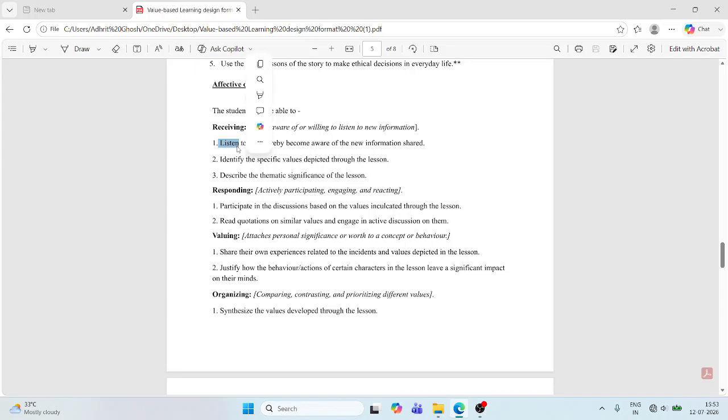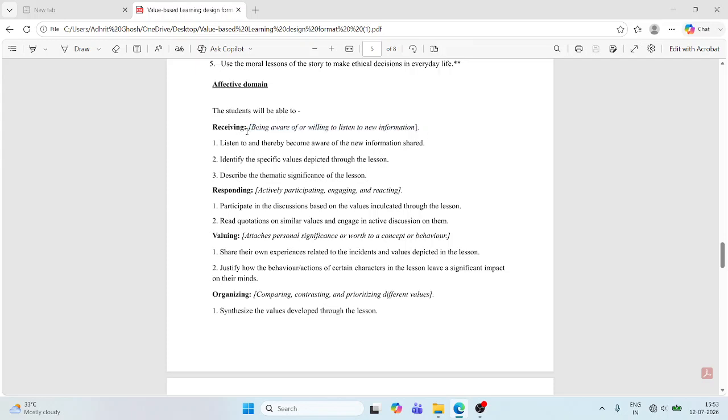I've mentioned those specific action verbs which are permissible, which are mentioned in the revised Bloom's taxonomy for the affective domain. So the first stage, that is receiving, this part is just for explanation. You don't have to write this part.